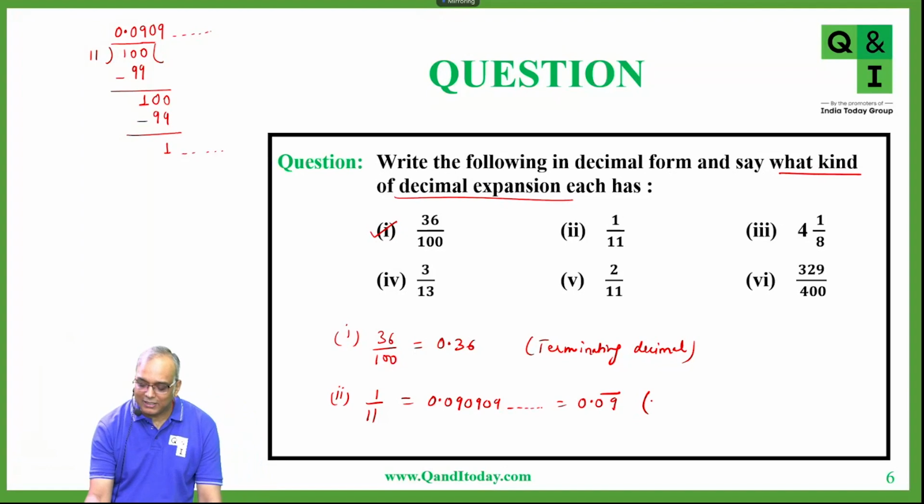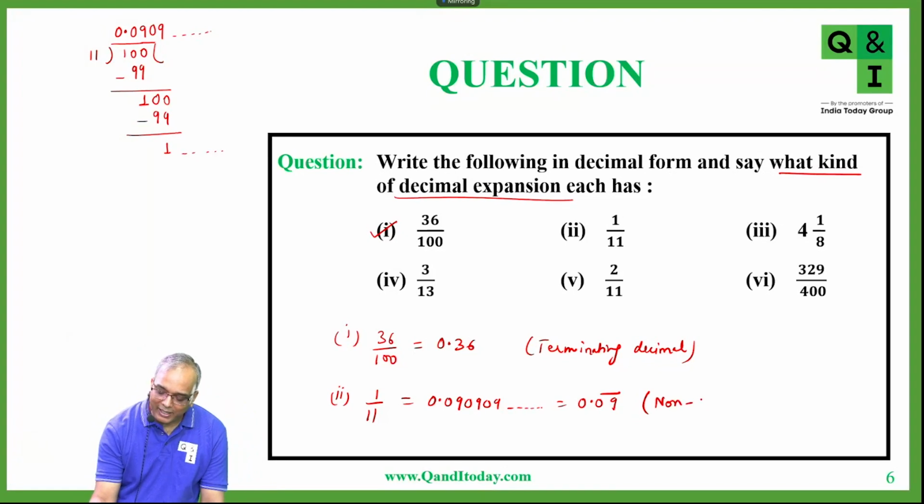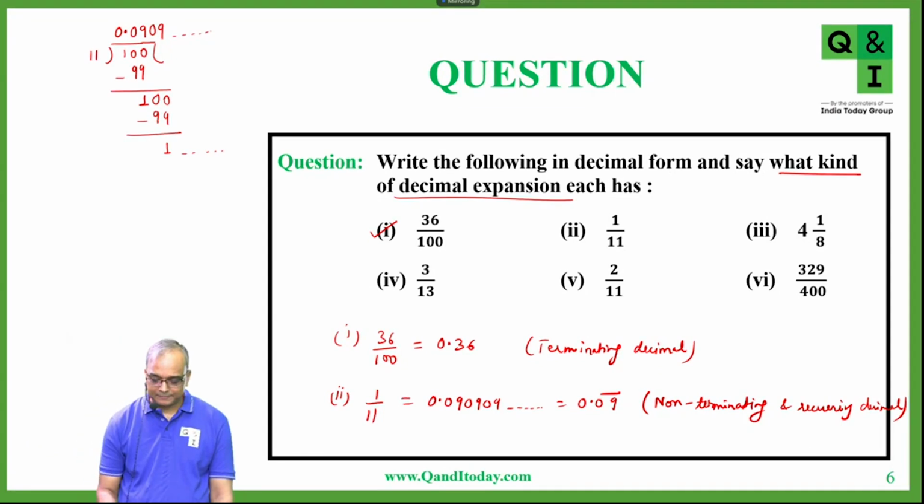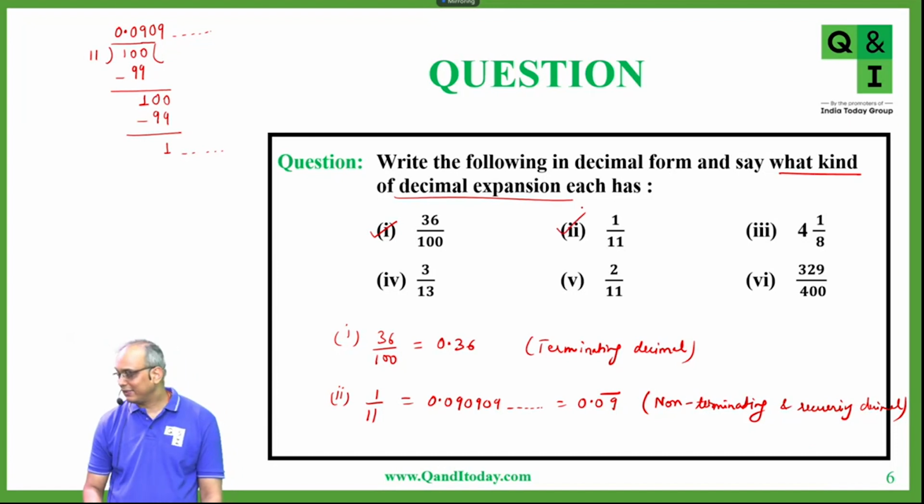So this is a non-terminating and recurring decimal. Is it clear? Second one, is it clear, students?